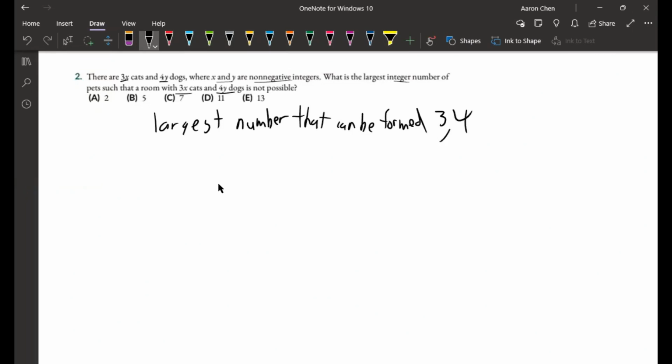There's a pretty famous theorem called the Chicken McNugget theorem, which directly tells you it's 3 times 4 minus 3 minus 4, which is 12 minus 7, which is 5, which is B.